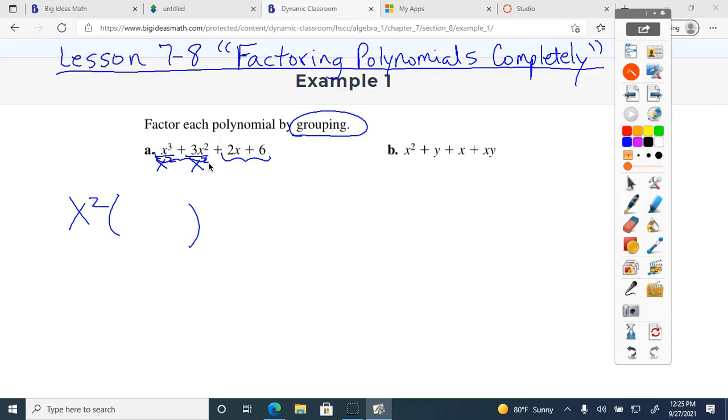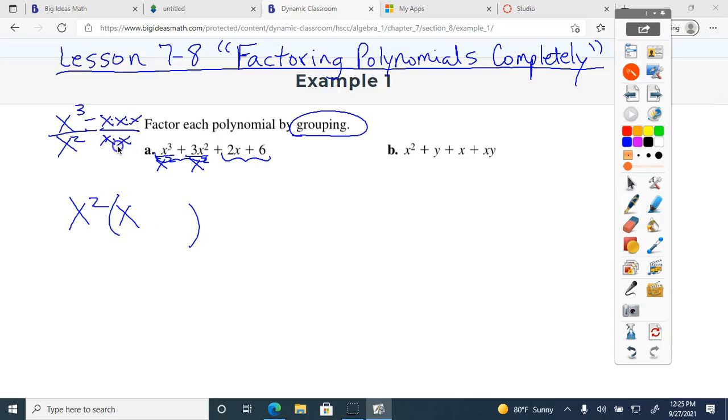X cubed over x squared is what? Not 2x. X cubed over x squared is x. On top we have how many x's? 3 of them.